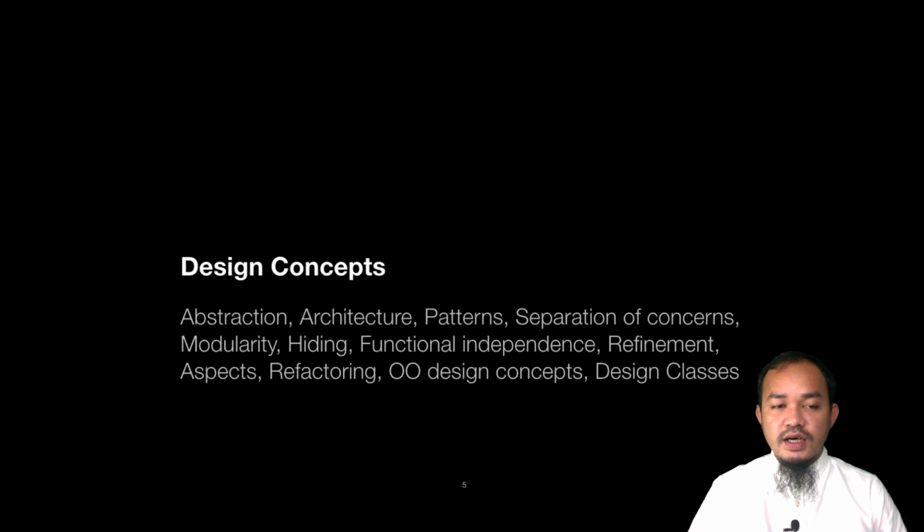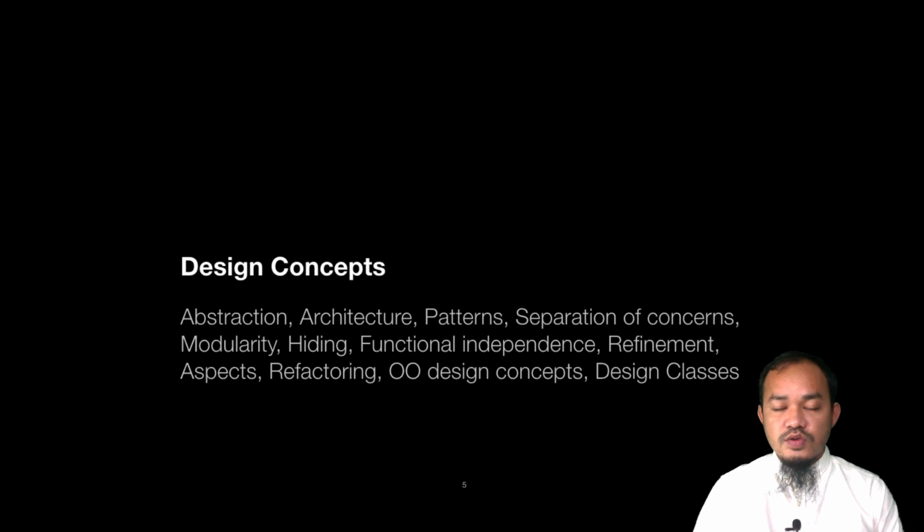We have many design concepts that we will discuss. These are design concepts that we are recommended to follow when we want to design software, such as abstraction, architecture, patterns, separation of concern, modularity, information hiding, functional independence, refinement, aspect, refactoring, object-oriented design concept, and designing class. This is the basic fundamental of design concept.